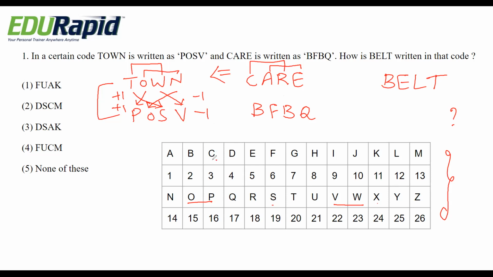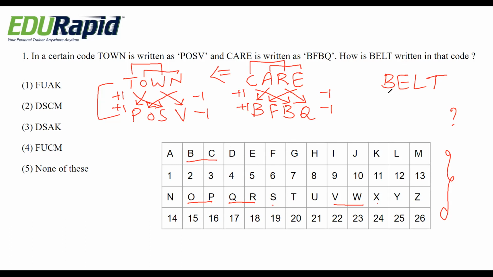For C the preceding term is B, and for the third one, R, the preceding term is Q. For the second and fourth terms it is increasing: after A it is B, and after E it is F. So you have to see the preceding and forward steps, that is backward and next terms.